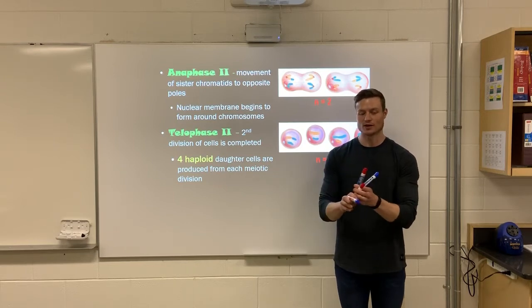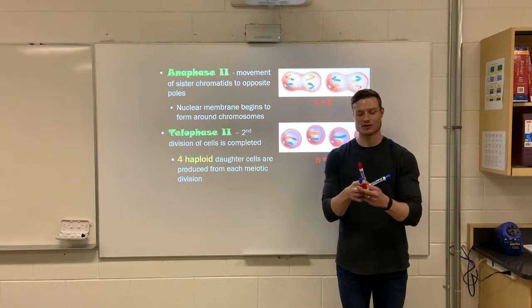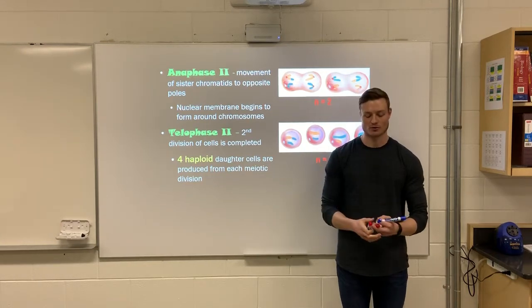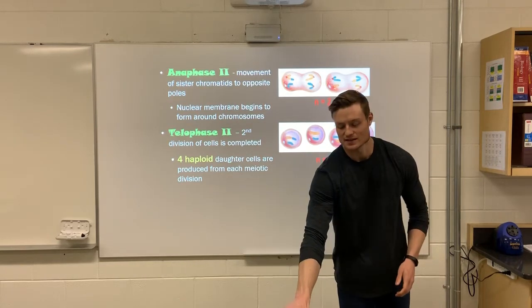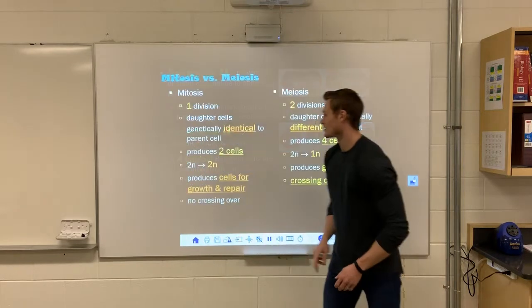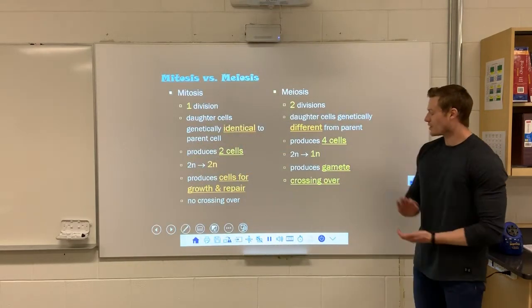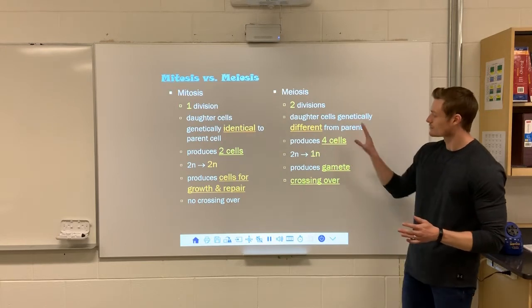So if you inherit this sperm, your eye color might be different than if you inherited this sperm or egg or whatever we want to talk about. So this is how we make sex cells, and this is how we get variation within our gametes or our sex cells.